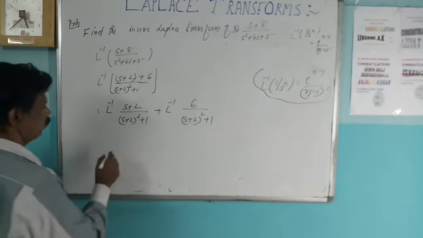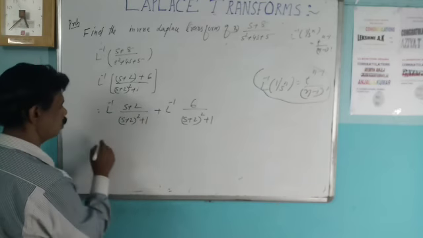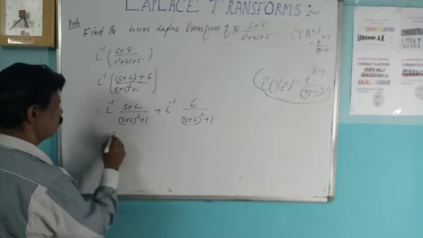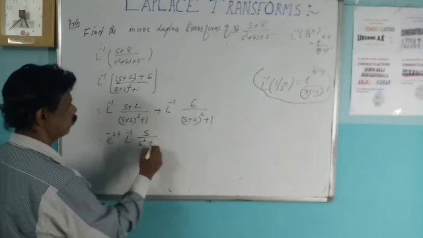Okay. Laplace inverse of (s plus 2) by (s plus 2) whole square means e raised to minus 2t into Laplace inverse of s by s square plus 1.